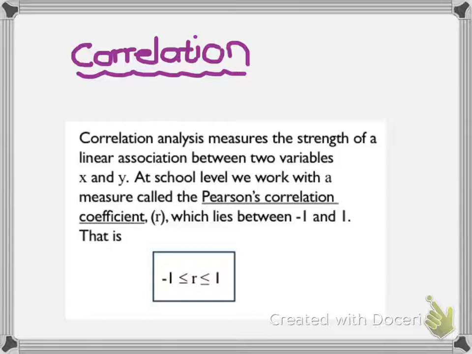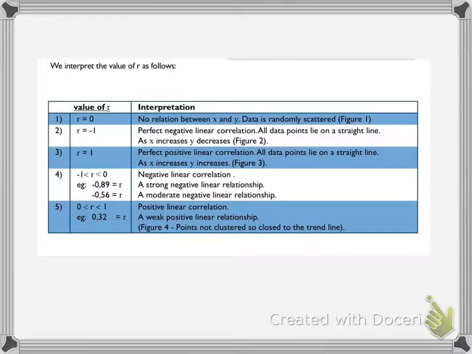In this section, we're looking at what we call Pearson's correlation coefficient, or R, and it will always lie between -1 and 1. You can see in the table that if R is 0, there's no relationship between X and Y. So the data is just randomly scattered, and you'll see what we mean on the scatter plot on the next slide.